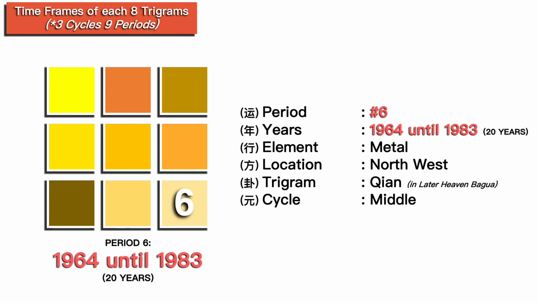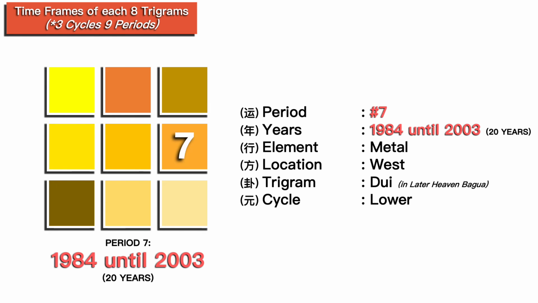Period 6 are from year 1964 until year 1983. What about period 7? They are the years of 1984 until year 2003.